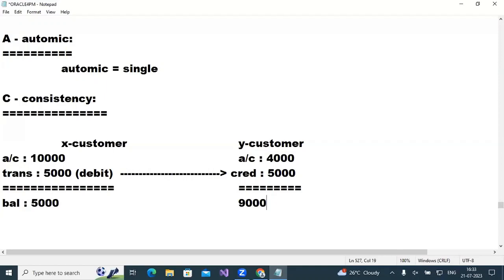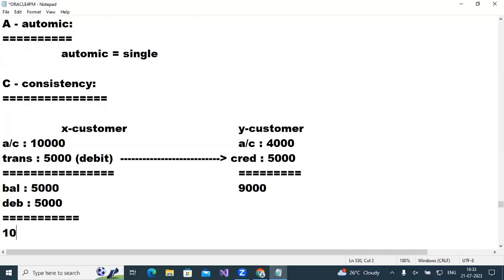Now you have to check whether it is correct or not. Your balance is 5,000. Your debit amount is how much here? 5,000. Then balance plus debit is equal to the total amount. How much is the total amount? Satisfied? Yes.